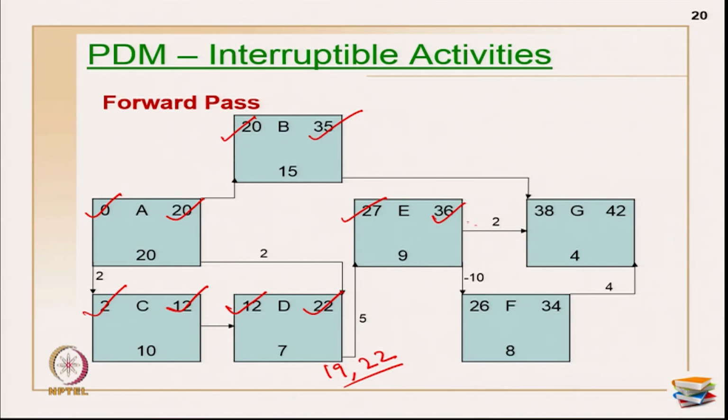Now, 36 plus 2 is 38, and this is 35, so the maximum is 38. So this becomes 38. 36 minus 10 becomes 26, 26 plus 8 is 34, again 34 plus 4 is 38, 38 plus 4 is 42, the maximum is 42, and this becomes 42 now.